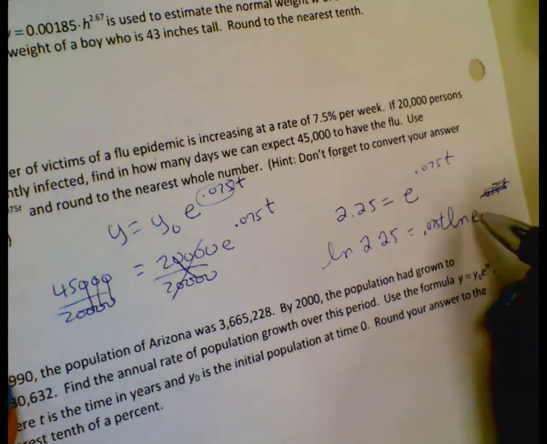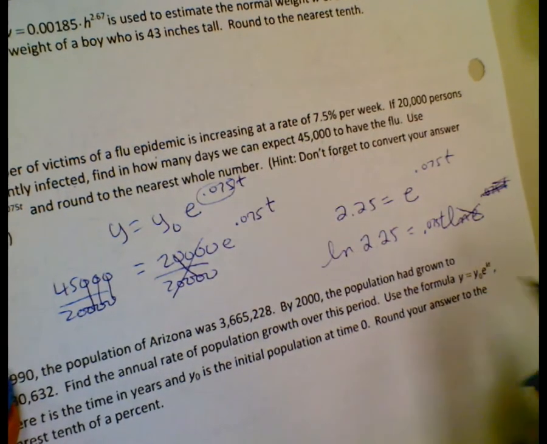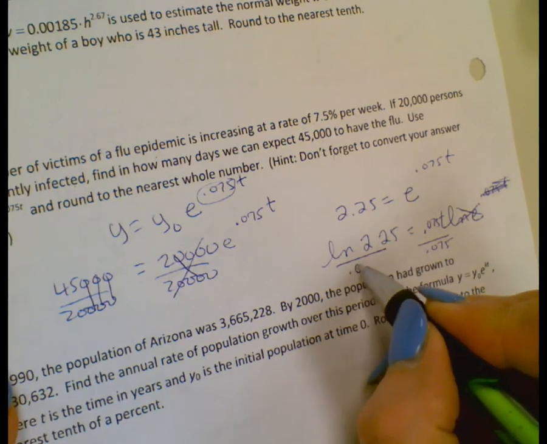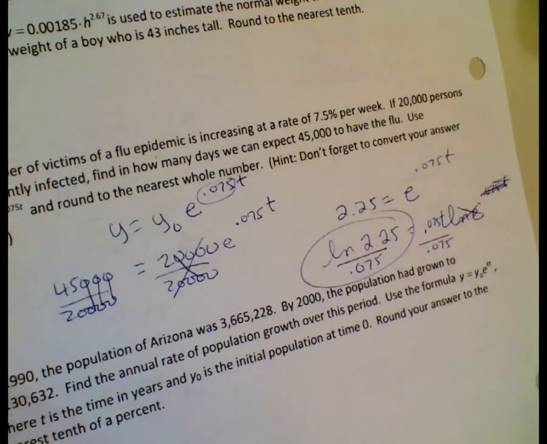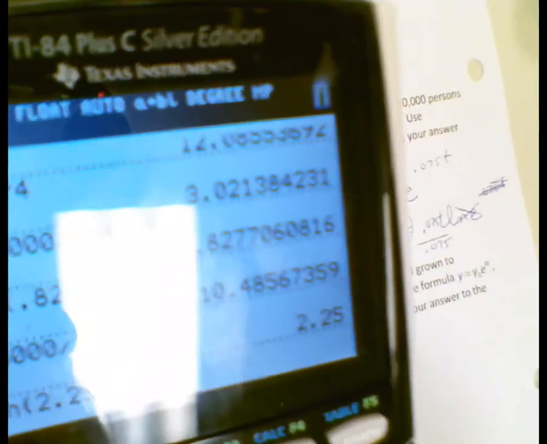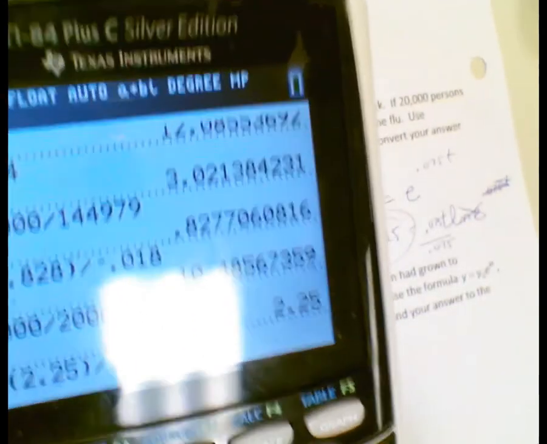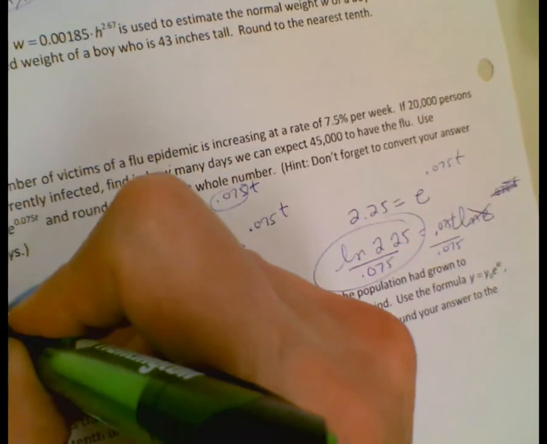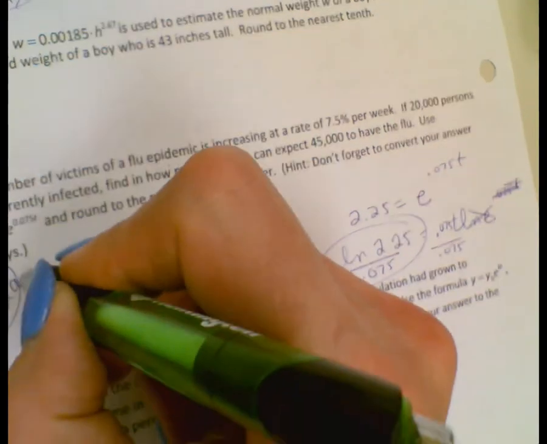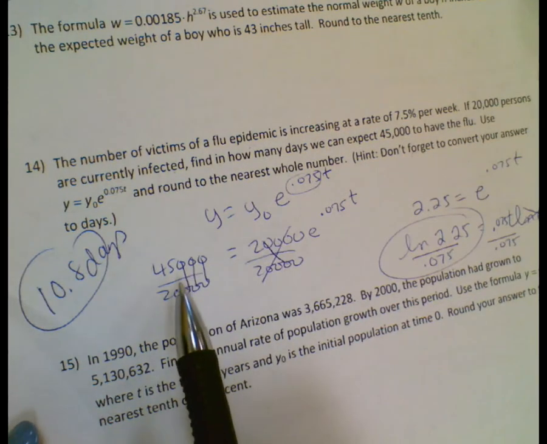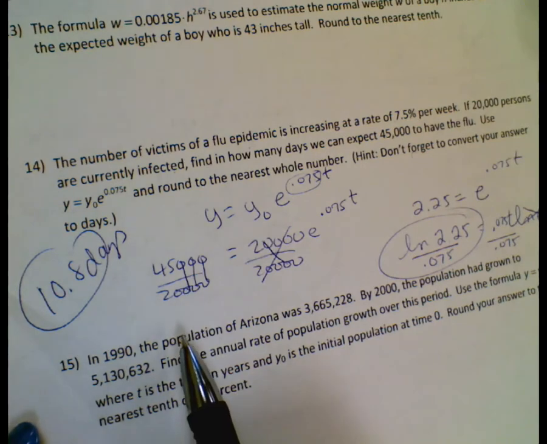Get rid of it. Natural log of e is 1. So you're going to divide both sides by the rate that it's growing. So you take the natural log of 2.25 divided by 0.075, 10.8 days. In 10.8, that's less than 2 weeks, 45,000 people will have reported to the doctor with the flu. And that's it.